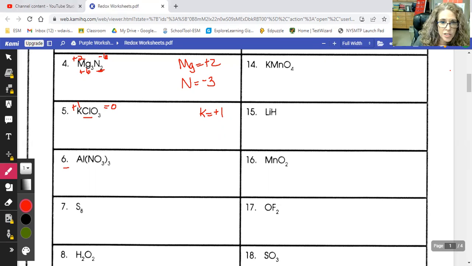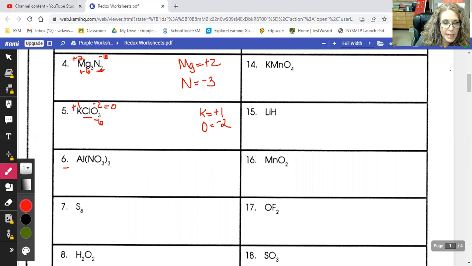So I have oxygen. I know oxygen is -2. How many oxygens are there? Every oxygen is -2, so I have 3 times -2, which means my oxygen has a total charge of -6. I have a positive 1 already. What's missing is: positive 1 plus what number, plus the -6, equals 0.